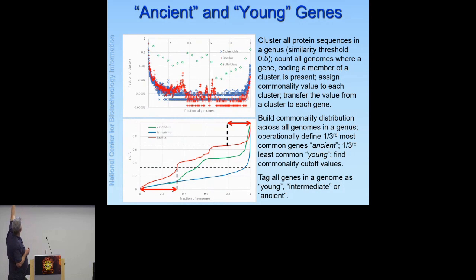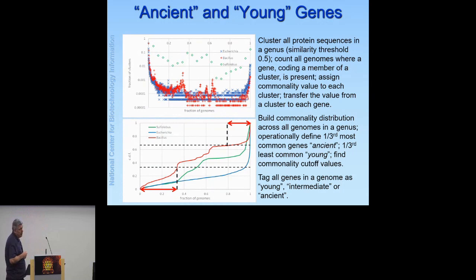You have a lot of singletons or very rarely distributed genes, and you have a number of genes which are present in the majority of the group, so the fraction of genomes near 1, generally with a lower bottom of the U.